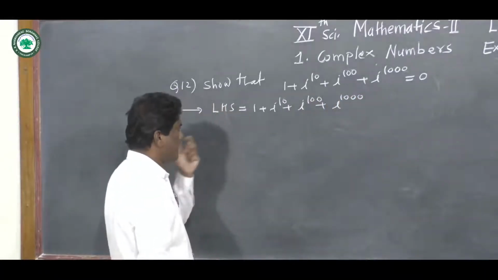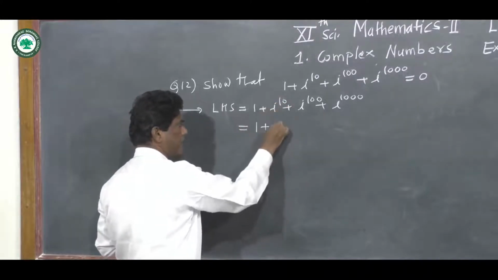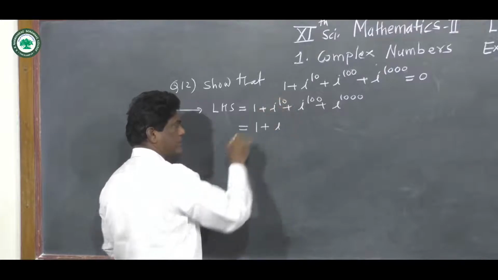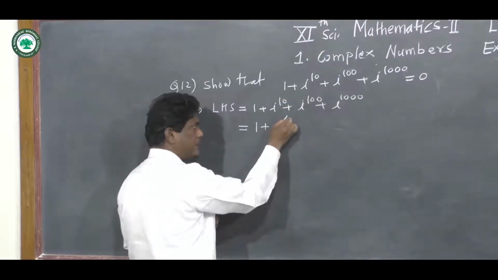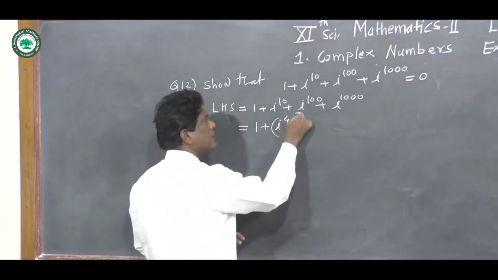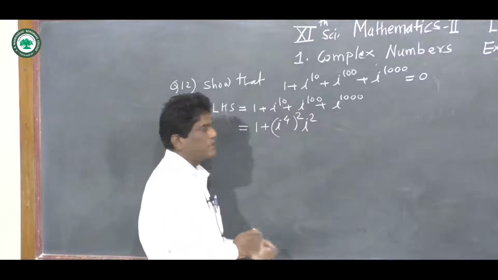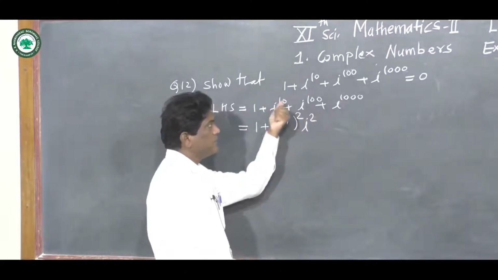And now we find the value of this. So this is equal to 1 plus, we write this i to the power, we divide this 10 by 4. So firstly write here i to the power 4 and divide 10. So 4 2s are 8, remainder is 2. So write separately i square, that is 4 2s are 8 plus 2, 10.